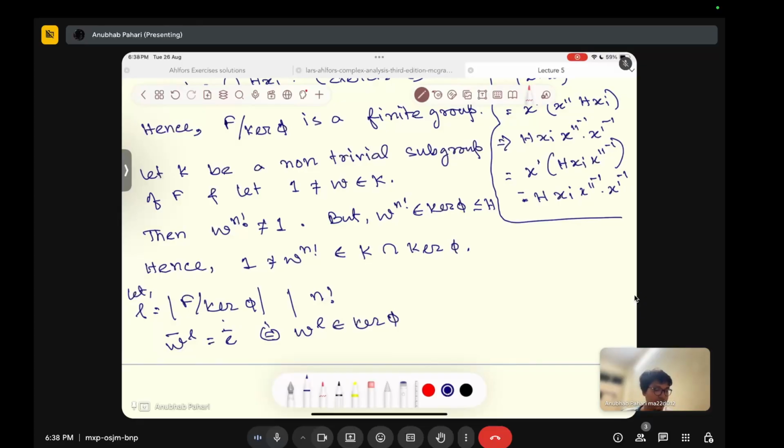E bar is the identity element of this group. Is it clear, or shall I say again? No, it's clear, sir. Okay, so again L divides n factorial. So n factorial is something like L times R, right? That implies that W to the power LR belongs to kernel phi. That implies that W to the power n factorial belongs to kernel phi, right?